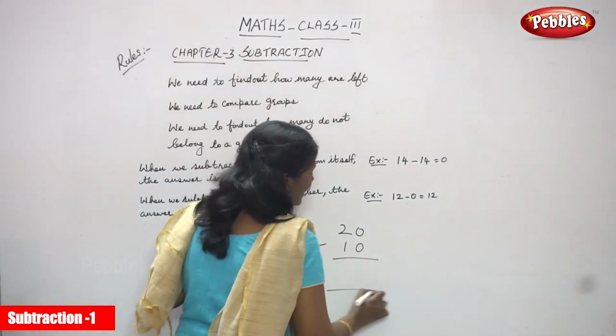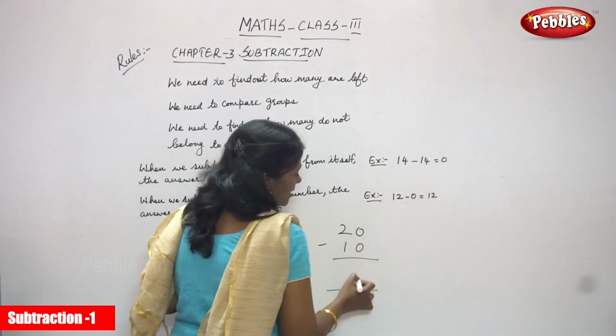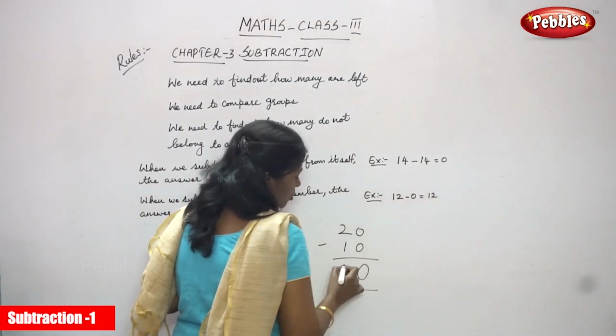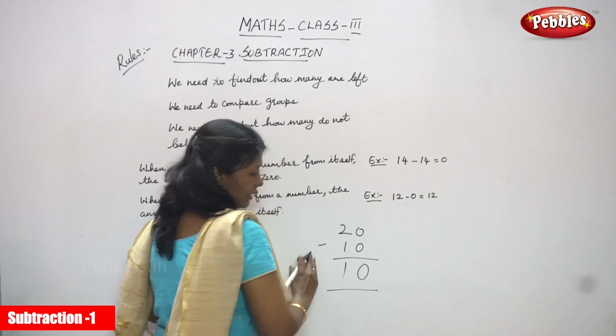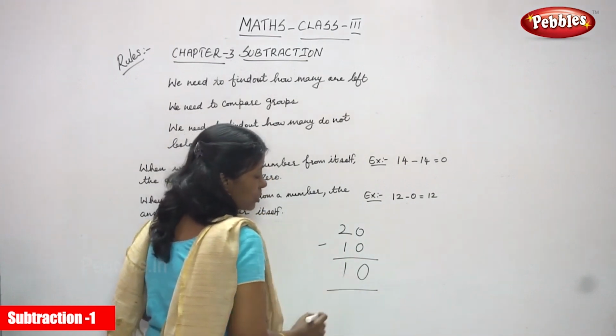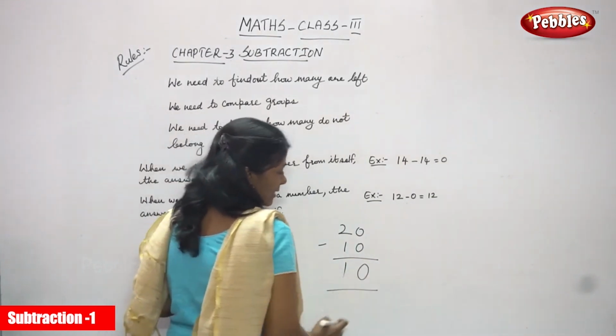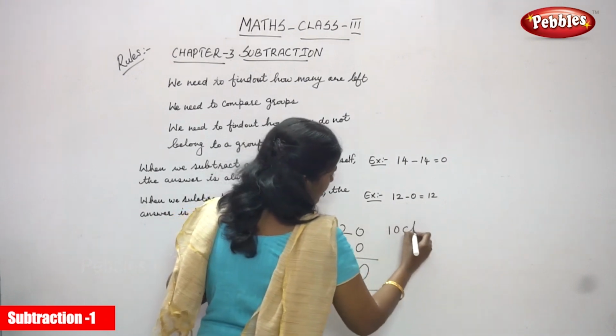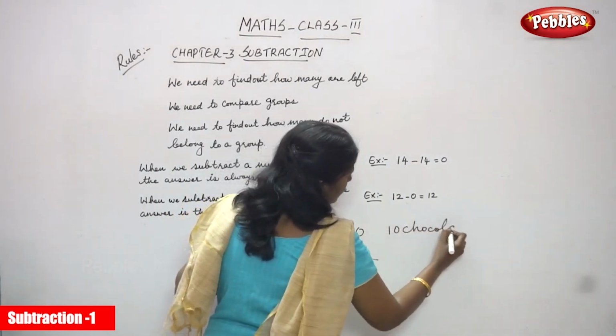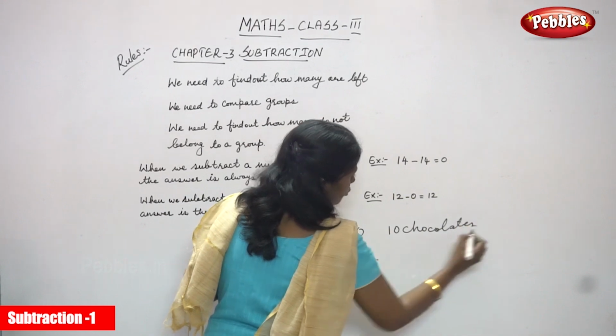So the remaining, the leftover chocolate: 0 minus 0 you get 0. 2 minus 1, you get 1. So the answer is 10. This is the example. This is subtraction. The leftover, the remaining chocolate, is 10 chocolates.